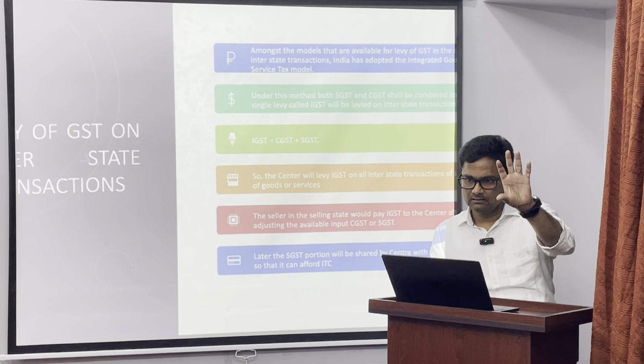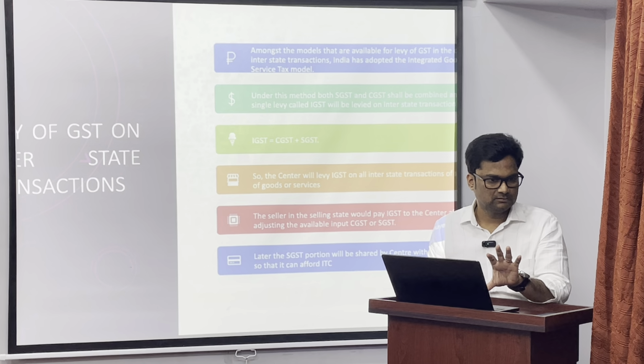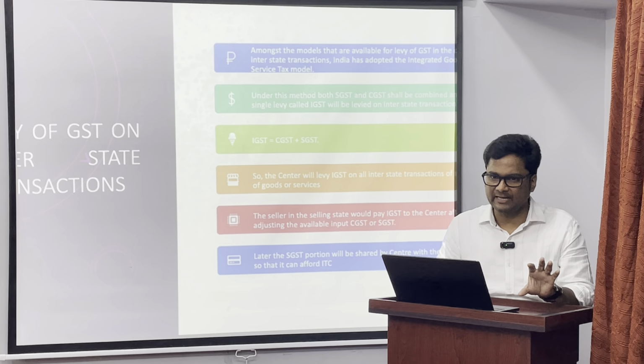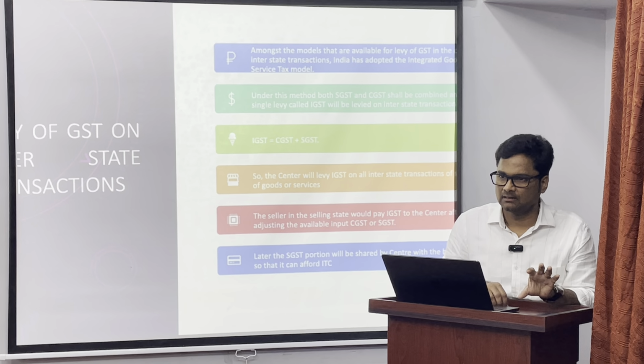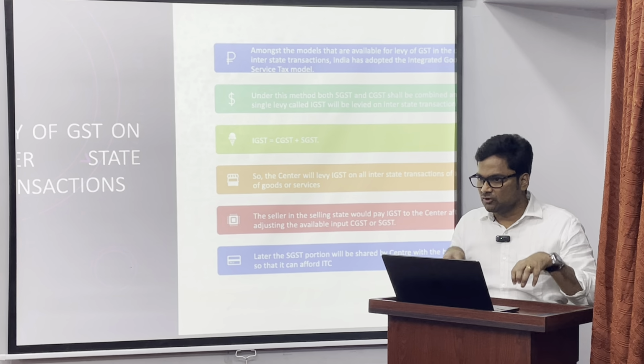Input CGST, for the time being understand like this, output CGST. What is output tax? Tax payable on sales. What is input tax? Tax paid on inputs. But whereas IGST, I can take the credit and utilize this credit for payment of both my SGST output tax and CGST output tax.